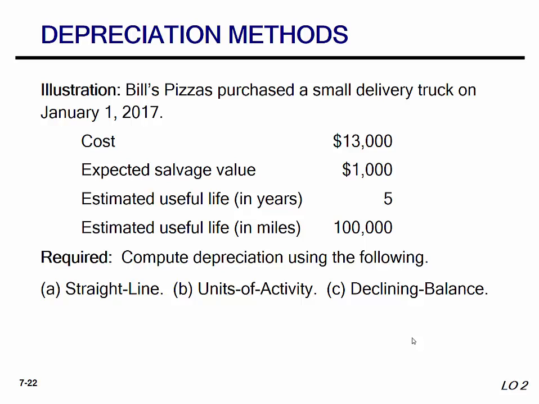And then notice here that they have also given us an estimated useful life in miles. Because it's a delivery truck, they believe they're going to drive it 100,000 miles before they decide to get another vehicle. Maybe they've limited their use on this particular truck to 100,000 miles. I do want to say here that if this was a machine that we were purchasing instead of a vehicle, instead of saying estimated useful life in miles, it could actually say in hours.